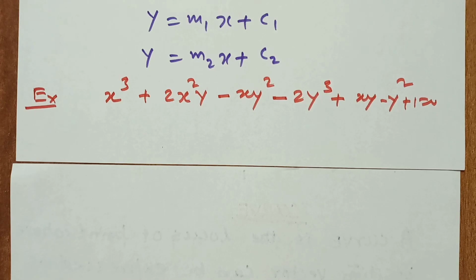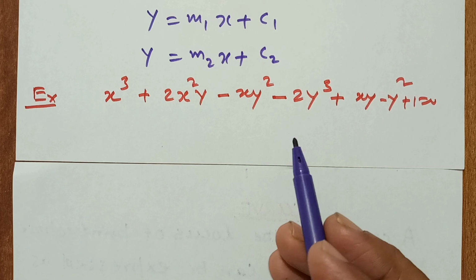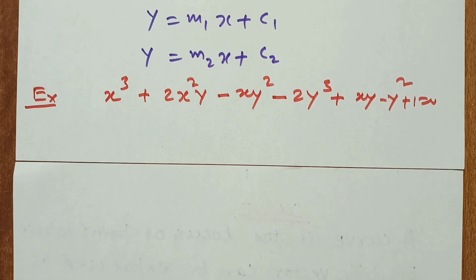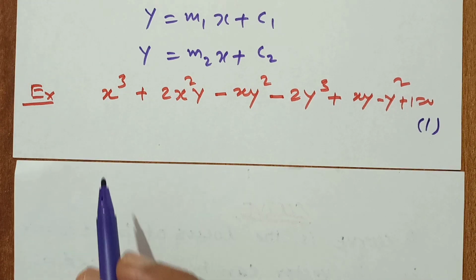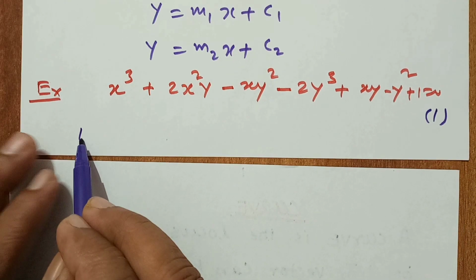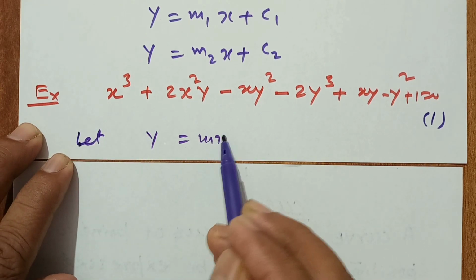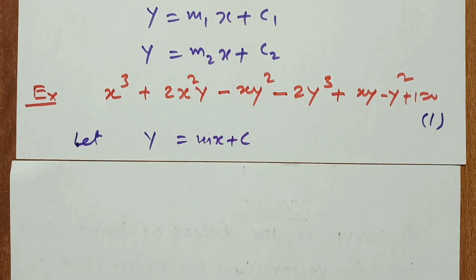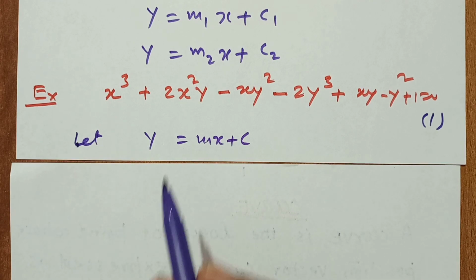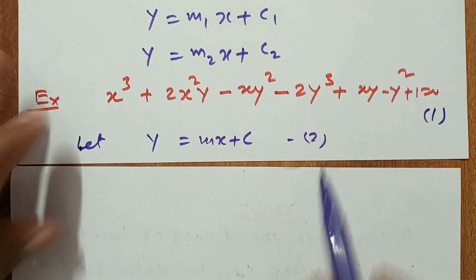Okay, so now this is an example to obtain the asymptotes of a curve. So this is the given curve, suppose this is equation number 1. So let y is equal to mx plus c be an asymptote. First we will put y is equal to mx plus c in the given equation 1.